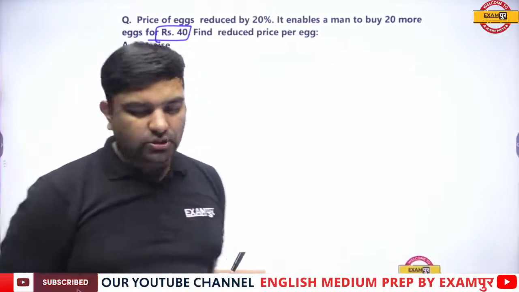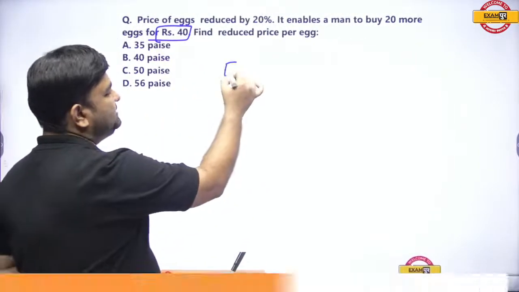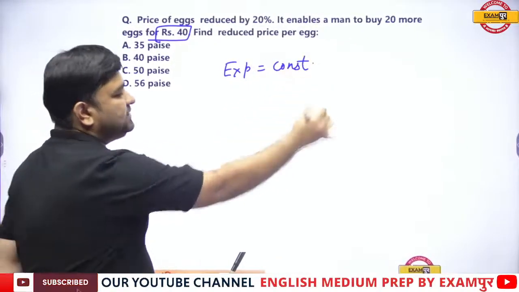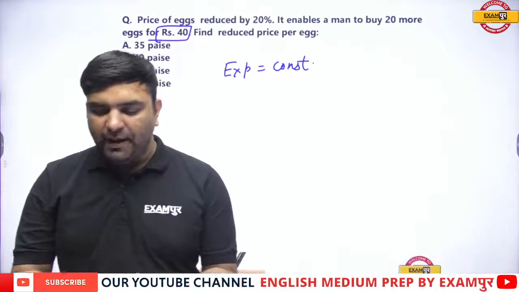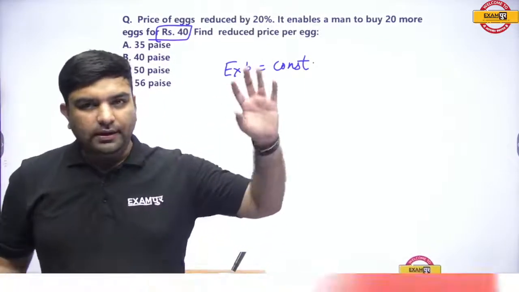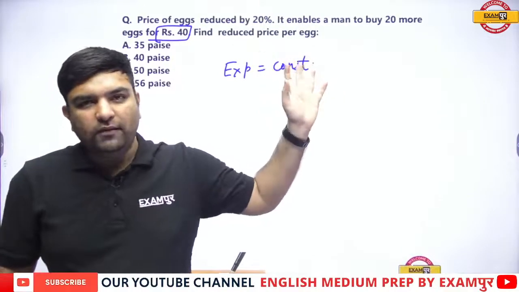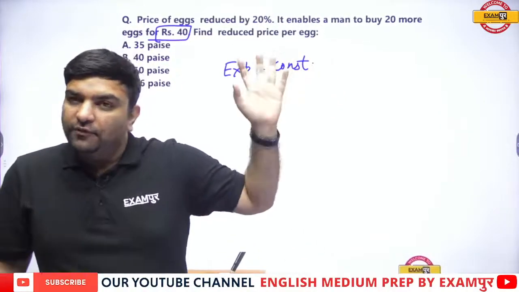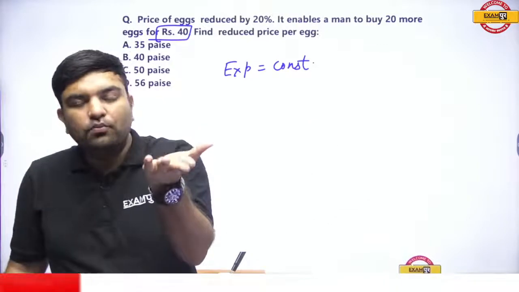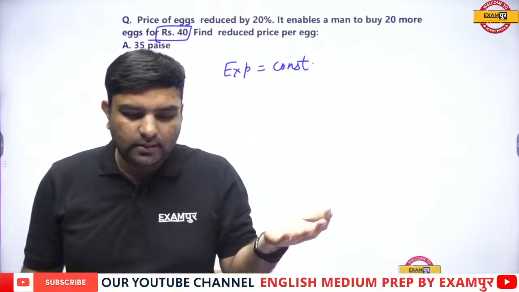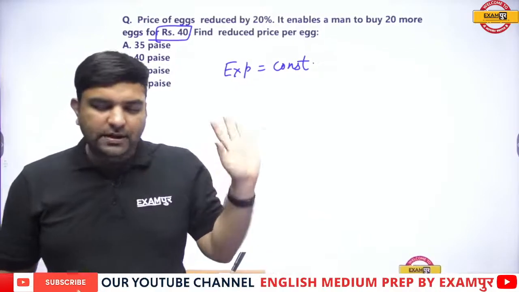So expenditure is constant. That is the main point to observe. Initially also he is buying for rupees 40, finally also he is buying for rupees 40. But because of the reduction in the price, he is able to buy more quantity. But expenditure is constant.